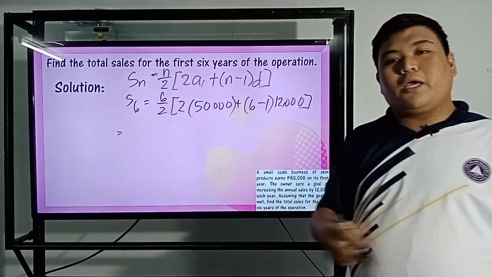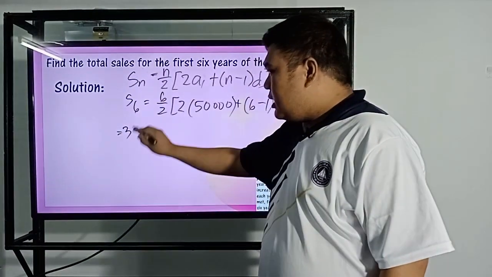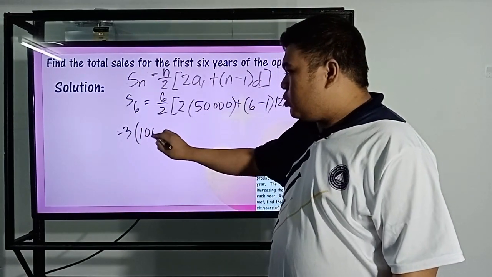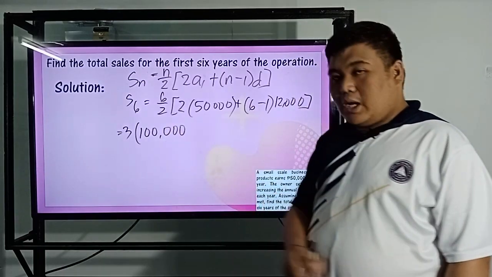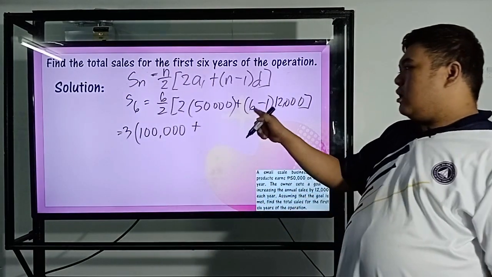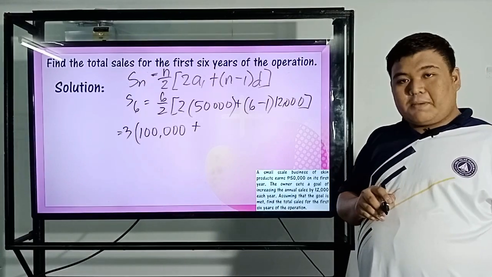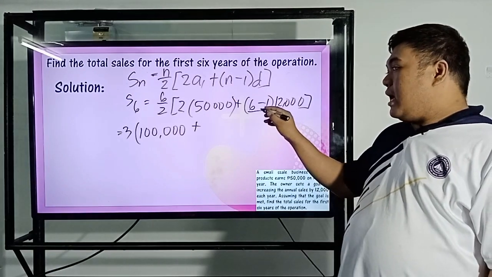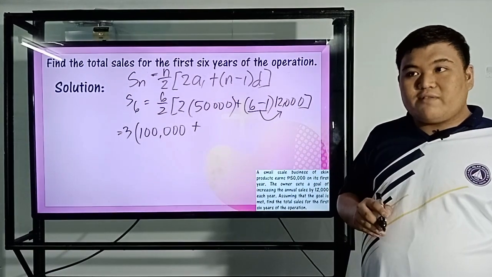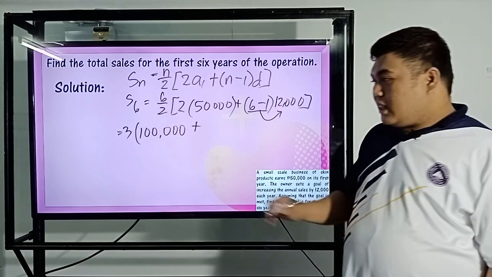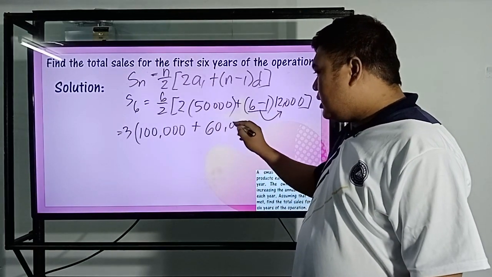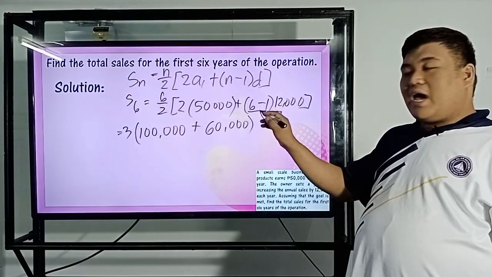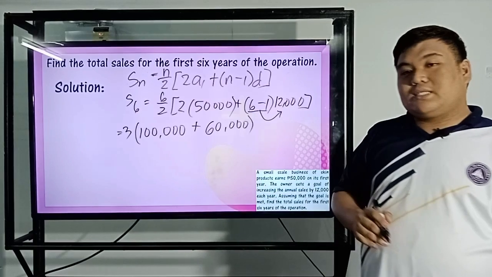Equals, 6 divided by 2, that is 3 times 50,000 times 2, that is equal to 100,000 plus 6 minus 1. 6 minus 1 is 5, and 5 times 12,000 pesos, that is 60,000 pesos.